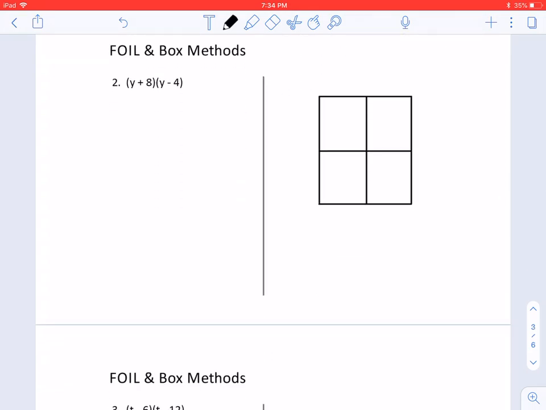All right, the next one, same thing. We're going to have y plus 8 across here, and then we're going to have y minus 4 right here. And we're going to proceed to multiply. So we have y times y. Y times y becomes y squared. Then we're going to do y times negative 4, which is negative 4y.